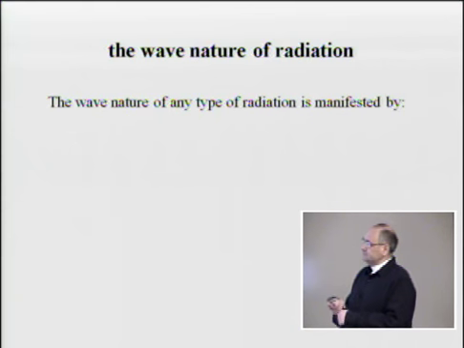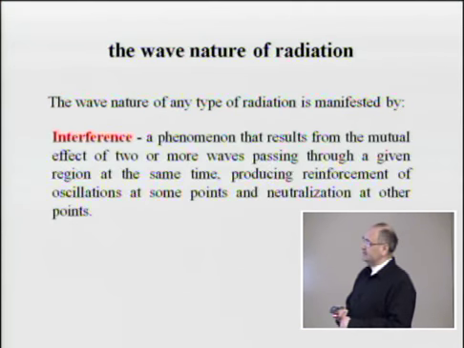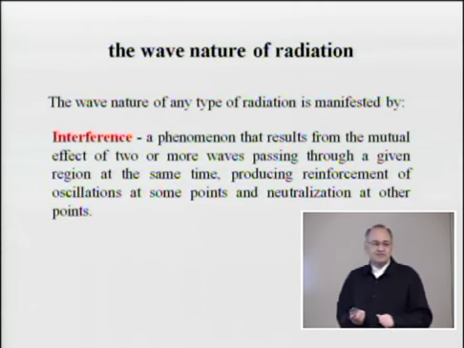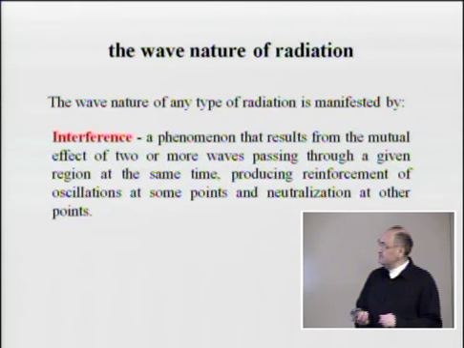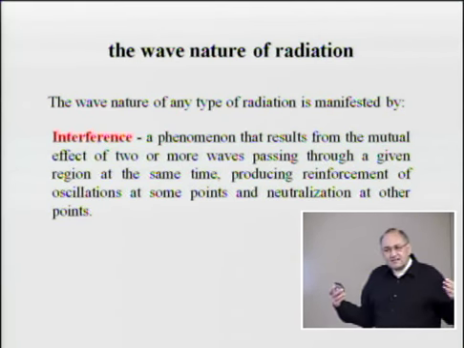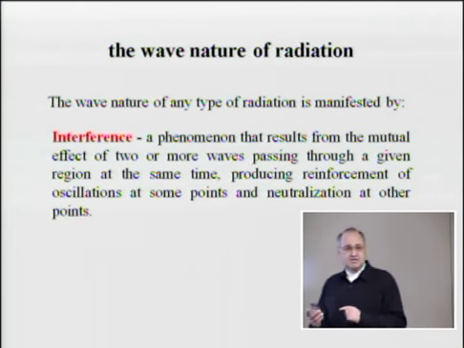Now, there are two things which waves can do and particles can't. One is interference. Interference is a phenomenon that results from passing two or more waves through a single spot.